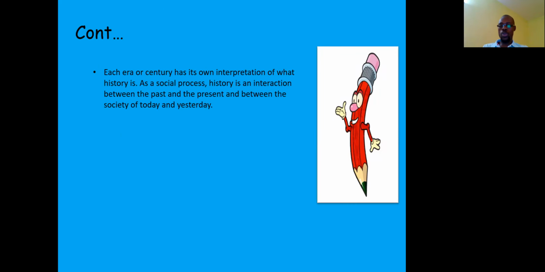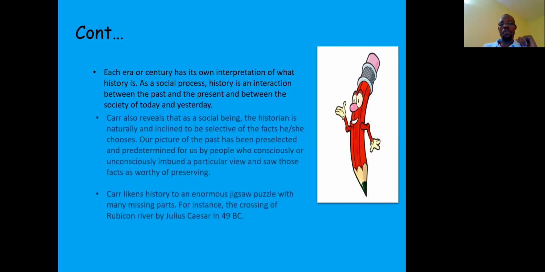We come to the 21st century where we meet the likes of Professor Alan Ogot, the late Professor Ekechi, Kenneth Dike, Nigeria. They also have their own ways of interpreting these facts. So each and every era is very unique as far as the interpretation of history is concerned. And that is exactly what Carr also reminds us, that each era or century has its own interpretation of what history is. Very, very critical, and we need to be mindful of that.